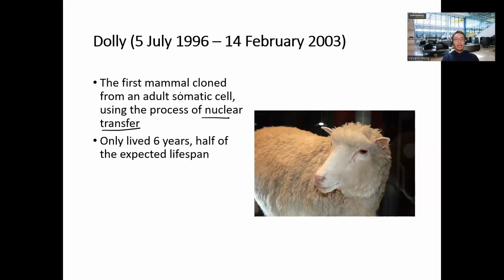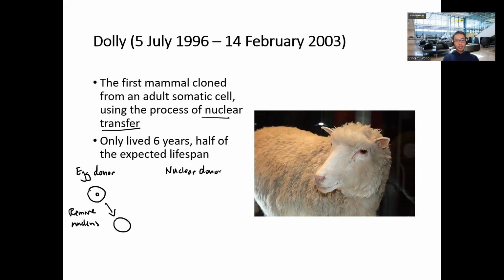So let me just quickly explain to you what happened there. So actually, to create Dolly, 3 separate sheep were needed. Okay, so we have an egg donor. So they take an egg from a donor sheep. They actually remove the nucleus. Okay, so remove nucleus, and then they have a nuclear donor.